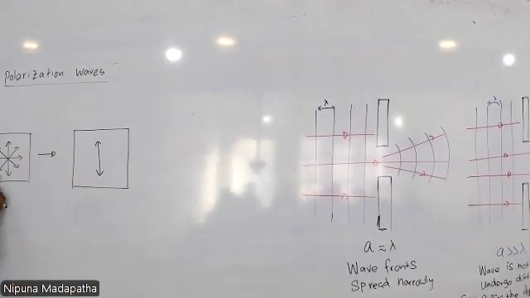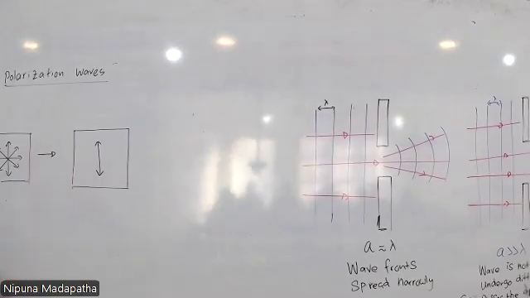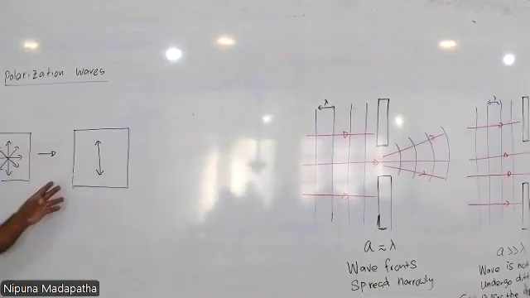Suppose this is an electromagnetic wave, for example a light wave. A light wave can oscillate in various planes. If we limit those oscillating planes to one plane, what happens to its energy or intensity? Intensity decreases, energy decreases.